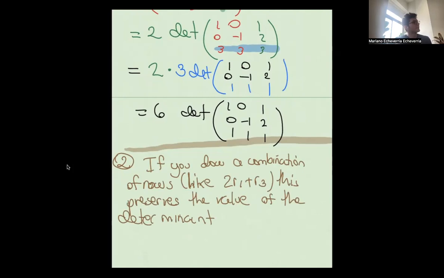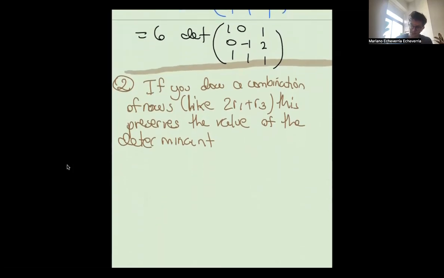And that one is really useful because it can be used to put zeros in before you take the determinant. So let me give you an example.